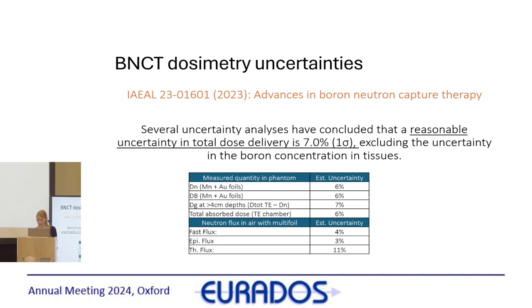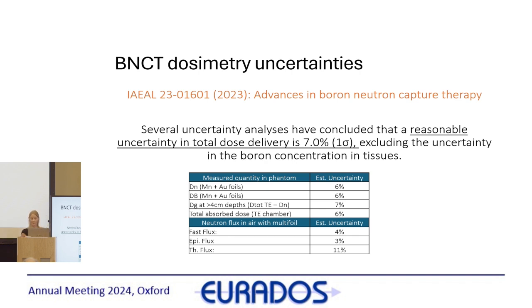This is almost my last slide, about the uncertainties. In this new IAEA publication, there is a statement that several uncertainty analyses have concluded that the reasonable uncertainty in total dose delivery in BNCT is 7%, 1 sigma, excluding the uncertainty in the boron concentration in tissues.